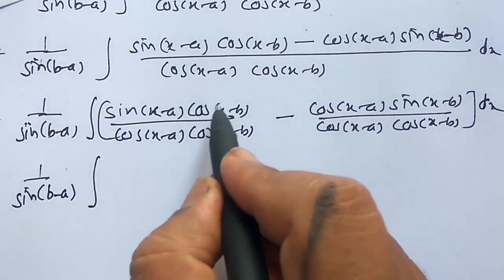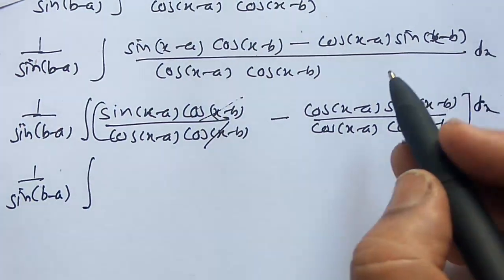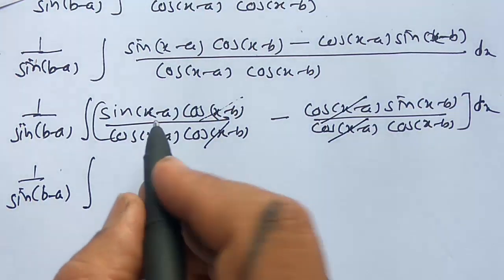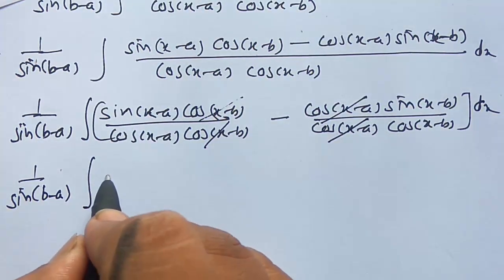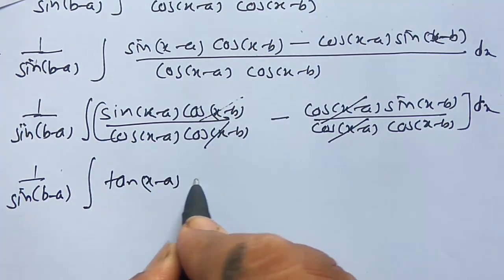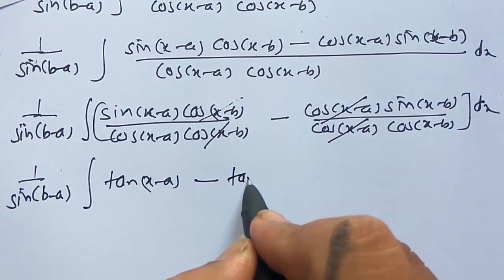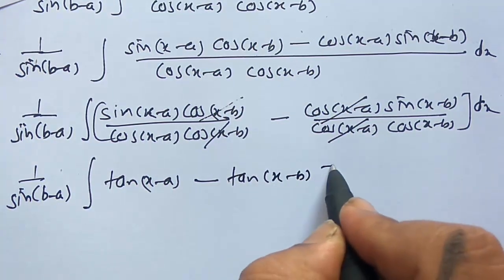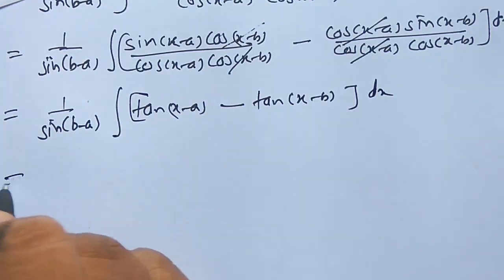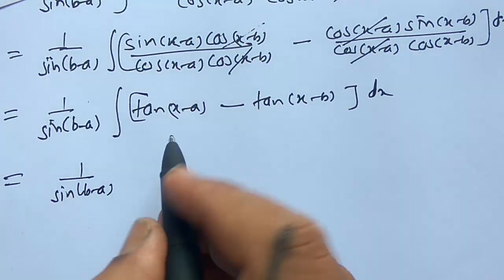Now, here cos of (x minus b) gets cancelled, here cos of (x minus a) upon cos of (x minus a) gets cancelled. So, sin upon cos becomes tan of (x minus a) minus, again sin upon cos, tan of (x minus b) dx.